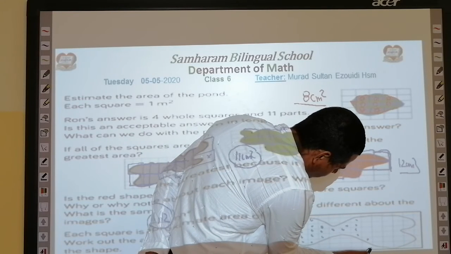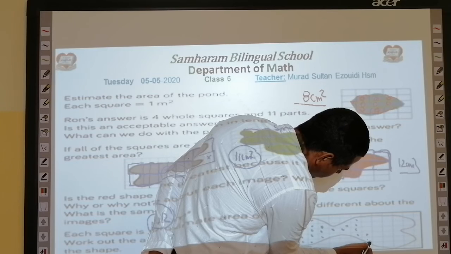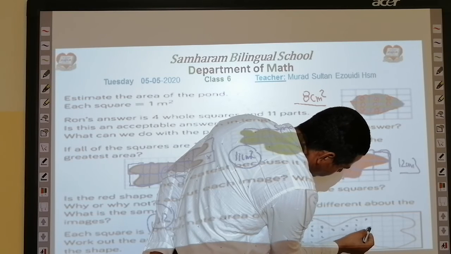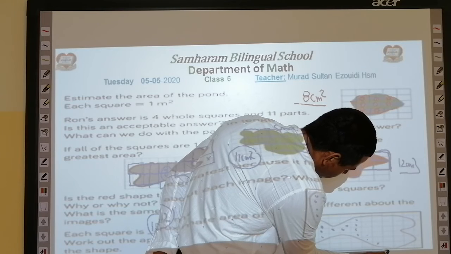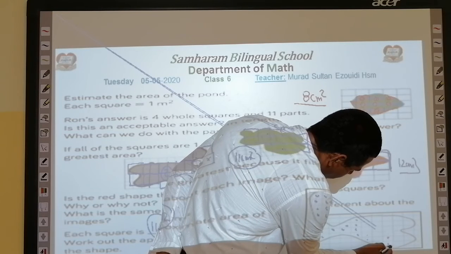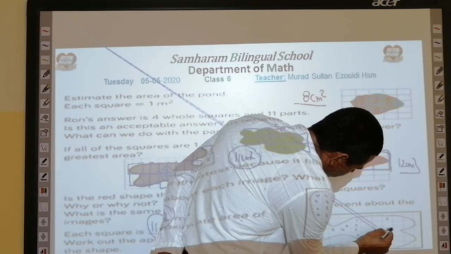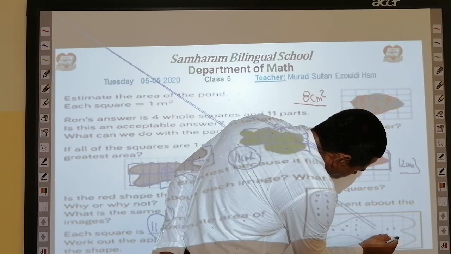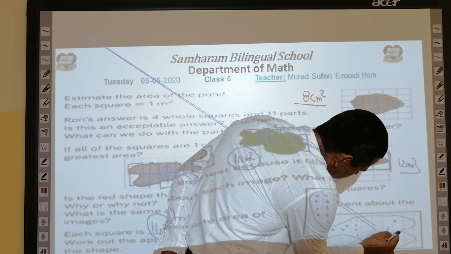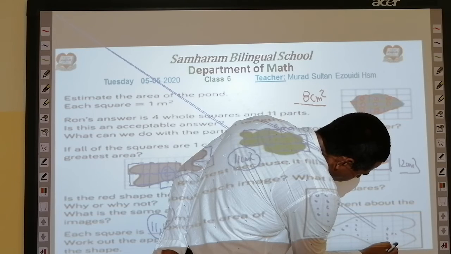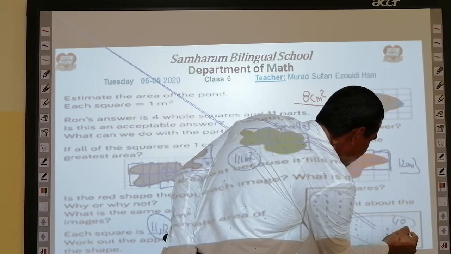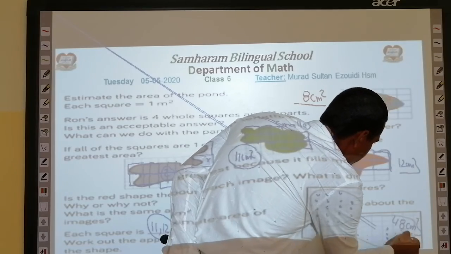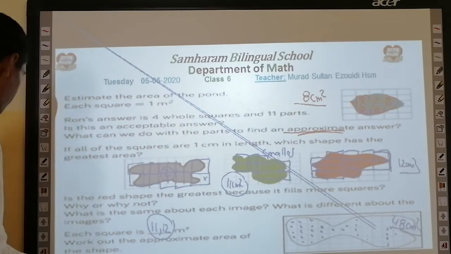This is more than half. 24, 25, 26, 27, 28, up to 48. This is approximately 48 centimeters squared. Okay?